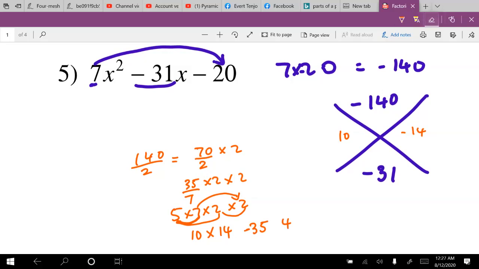So we got it. So let's go. So that is negative 35 and plus 4. If we add this time, negative 35 plus 4 will give us 31.